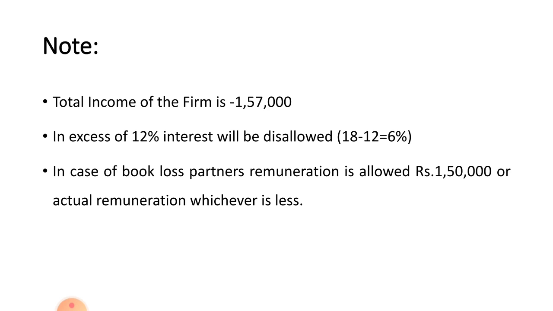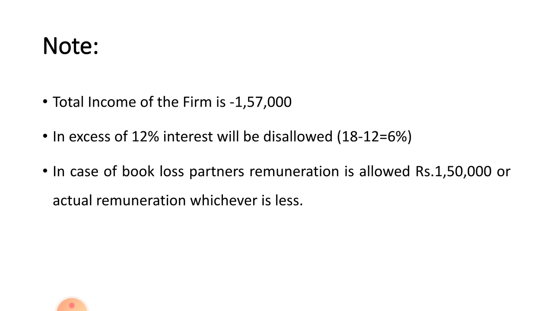Second one, in excess of 12% interest will be disallowed. That is 18% minus 12%, 6% is disallowed. In case of book loss, partners remuneration is allowed rupees 1,50,000 or actual remuneration, whichever is less, as we discussed. So this is the problem.